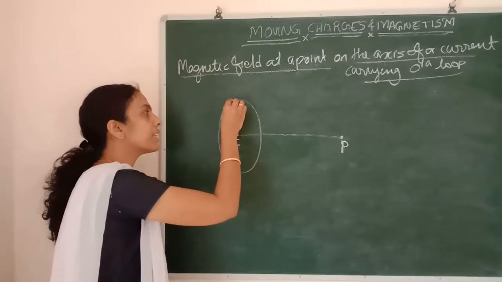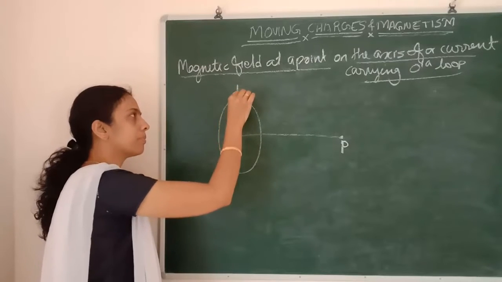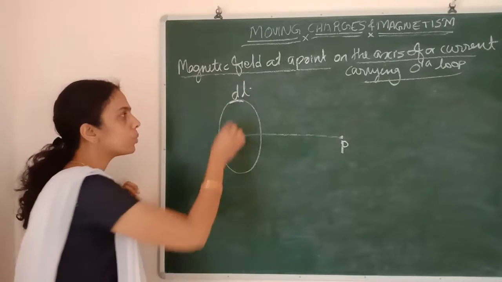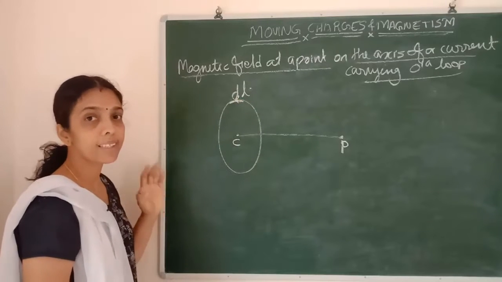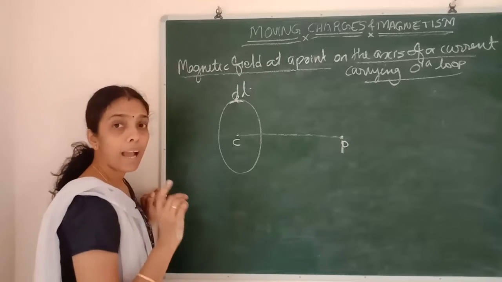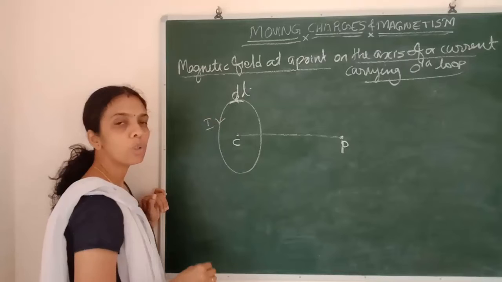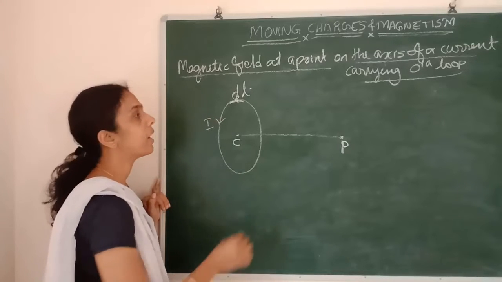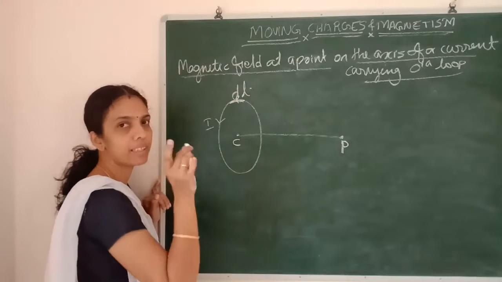I am considering a small current element dL here. If I is the current passing through the conductor, what will be the magnetic field at the point P because of this current element dL?